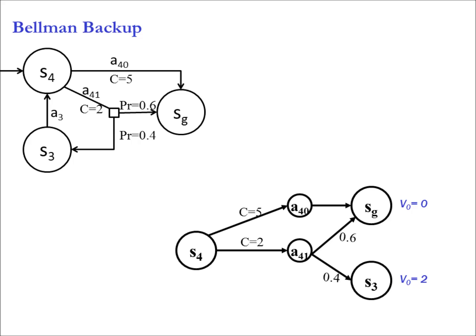What is the next approximation for the value of A40? What is the value for A41?